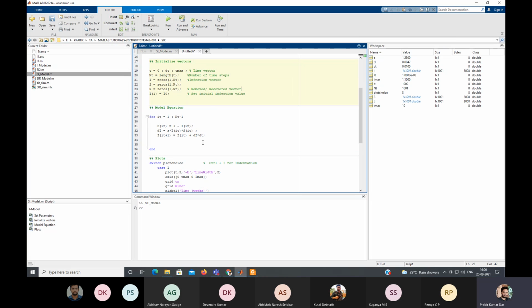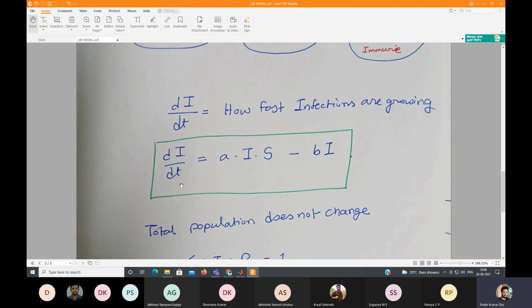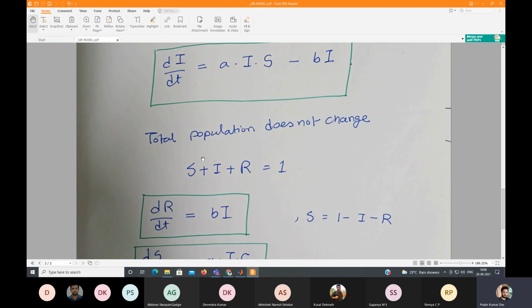I0, okay. Now comes the model equation. So now we are trying to model these three equations, dr dt, ds dt and di dt, and this is another equation, S plus I plus R is equal to 1. Previously, if we did not consider this R, then it would become S plus I is equal to 1.